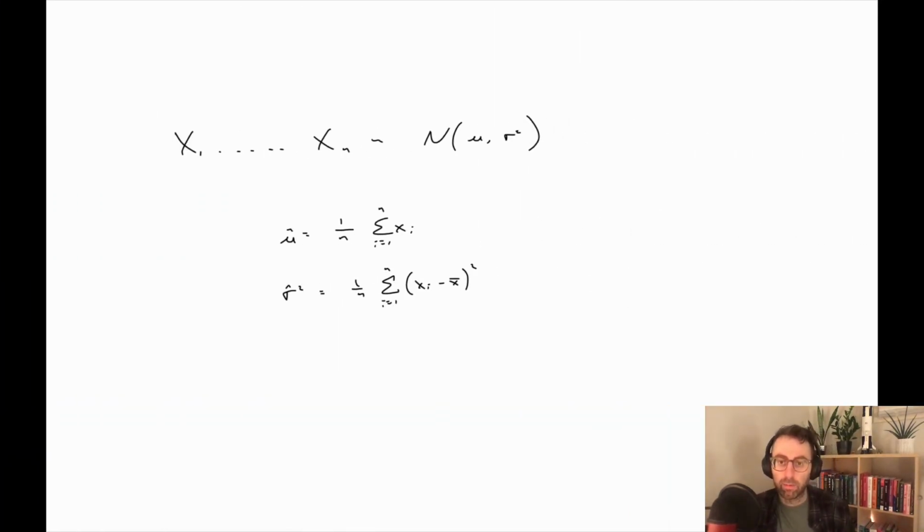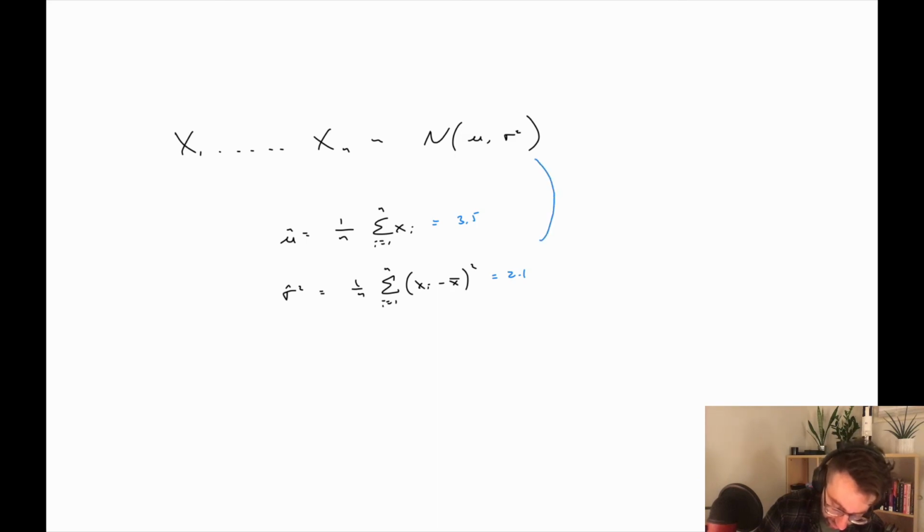So, like in this example here, if we have this random sample and we assume that it's from some normal with mean mu, variance sigma squared, and we find these MLEs, and let's say that I actually plugged data into them, and for some data set I get a mean of like 3.1 and a variance of like 2.1.